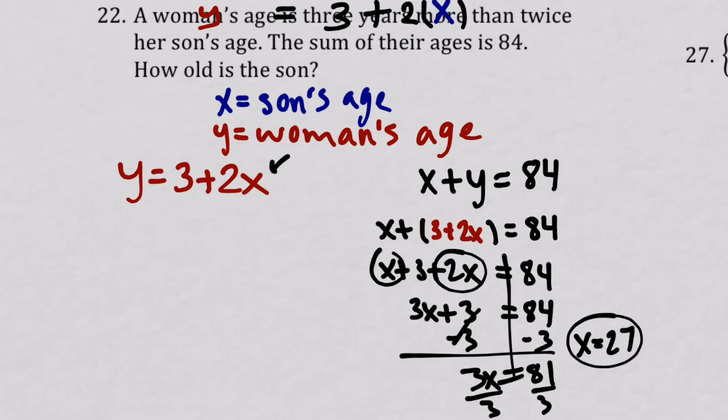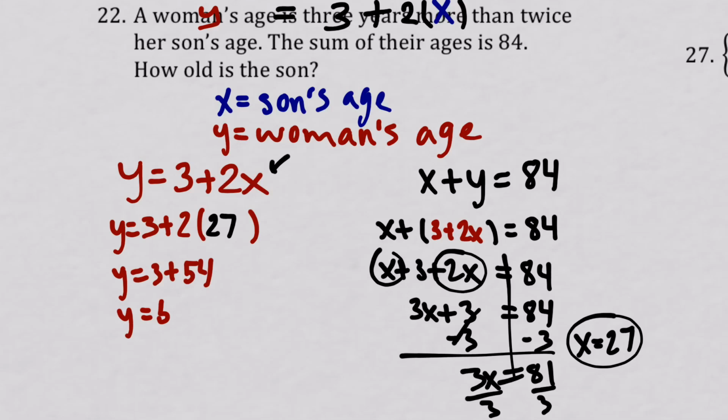Okay, so you're going to have on this equation y equals 3 plus 2 times x, which is 27, and then you just simplify that down. Y equals 3 plus 54, and so y equals 57.